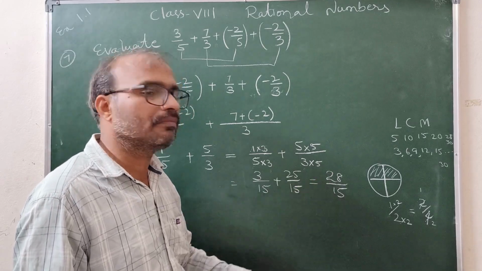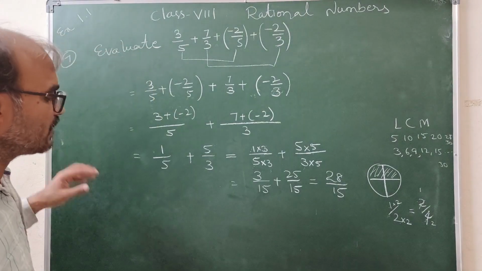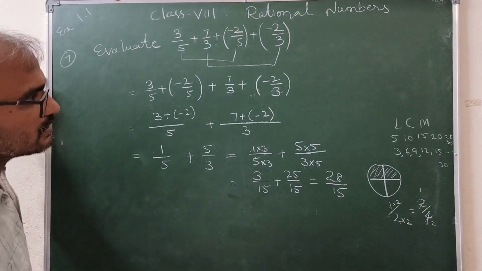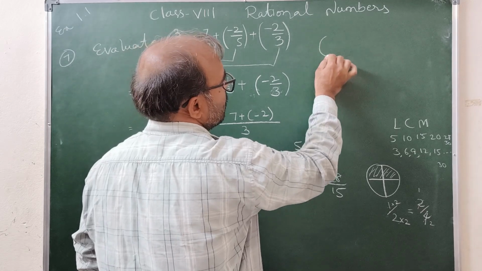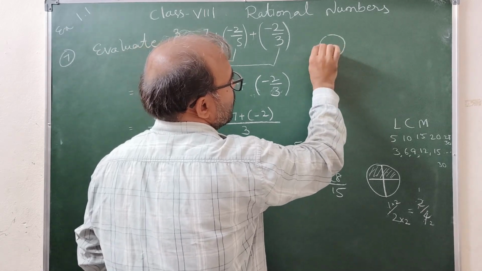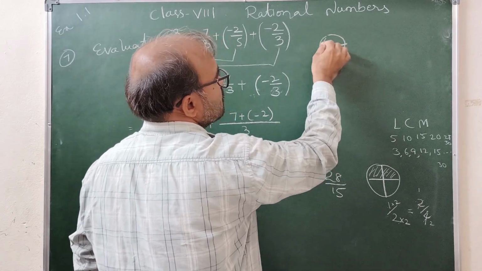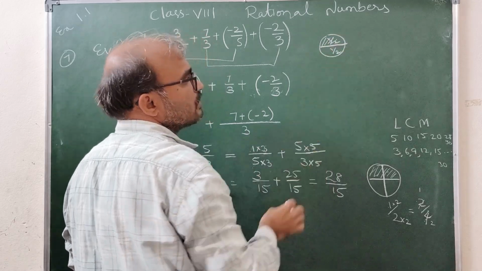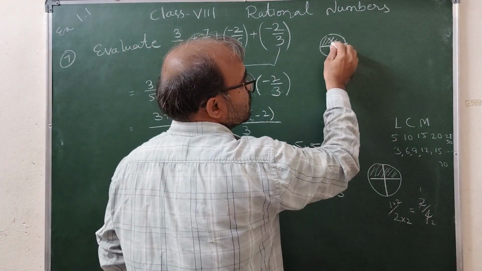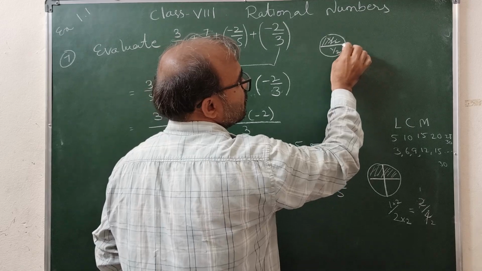this comes under an improper fraction. To understand what an improper fraction is, let's consider this. Take one whole and make two equal parts. Each part is called a half. This part is also called a half, so two halves will make one again.